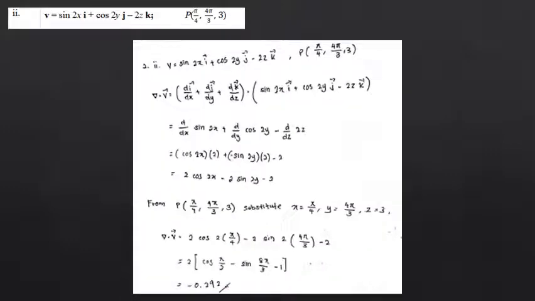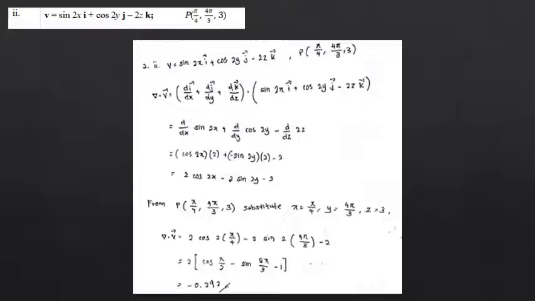For question 2.2, the same question, find the divergence. Here is the vector given, v equals sin 2x i plus cos 2y j minus 2z k, and the given point P here is (pi over 4, pi over 3, 3).